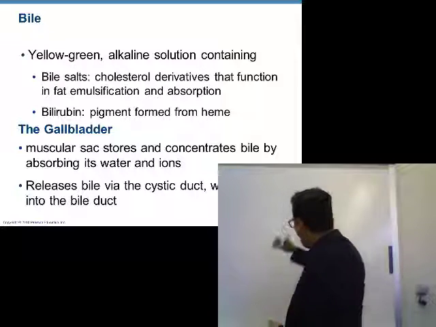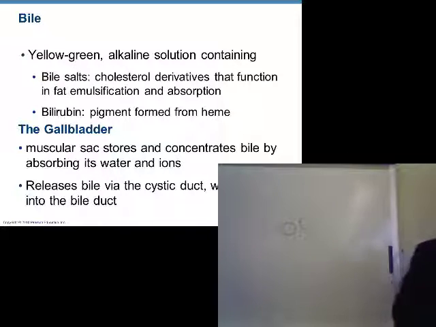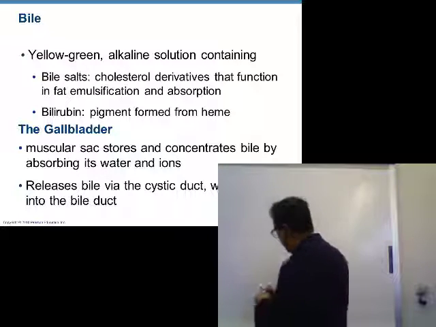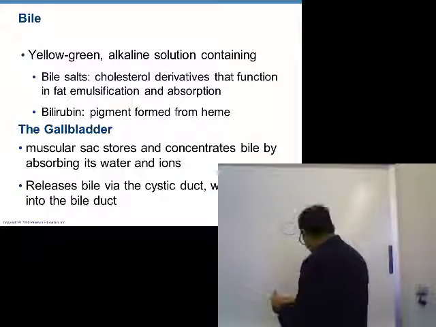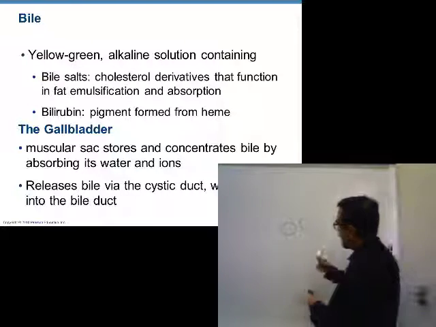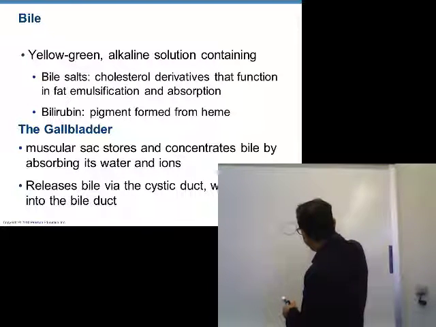So if these are fat molecules, the bile salts get attached to the surface of the fat molecules like this. So these are the bile salts.